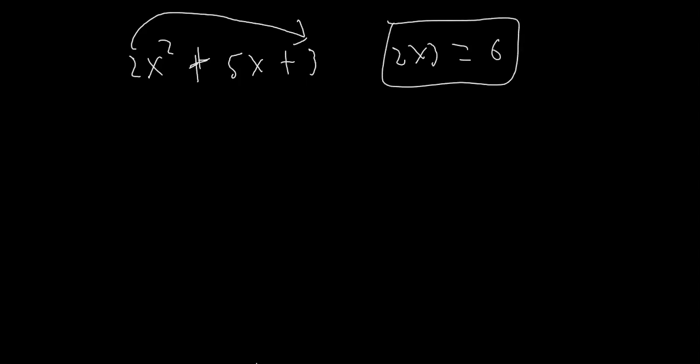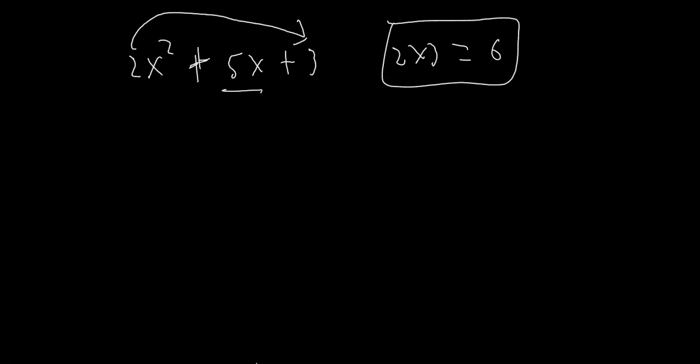Now, it's the same problem here. What two numbers, when you multiply them together, will give you 6, but when you add them together, will give you 5?